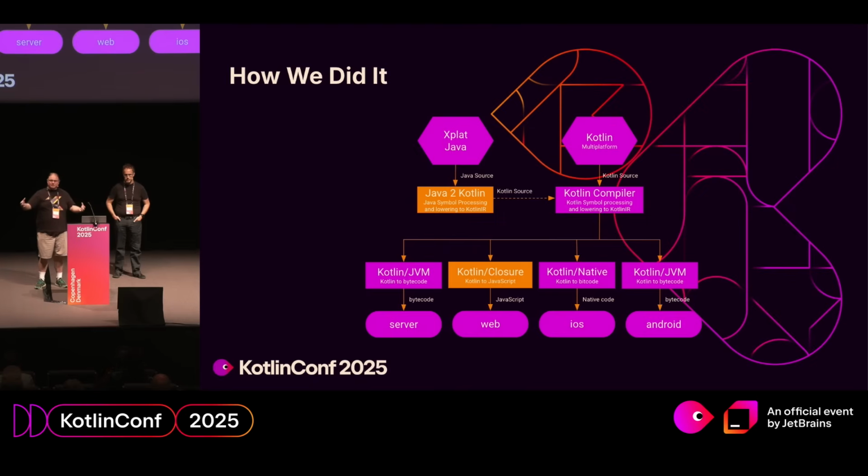Our developers are still writing Java code right now, unfortunately, but we're able to generate Kotlin code, ship code built by the Kotlin compiler, and run an experiment where we can directly compare code built with our Java multi-platform system versus the Kotlin multi-platform system, provide feedback and help improve the Kotlin multi-platform ecosystem, and make the decision if we want to commit long-term to Kotlin multi-platform, and do this in a rigorous, well-thought-out way.